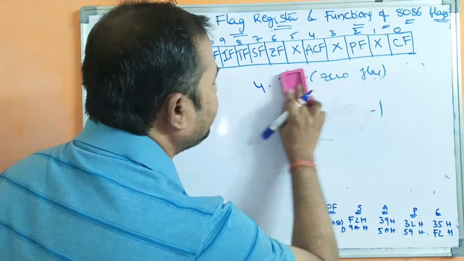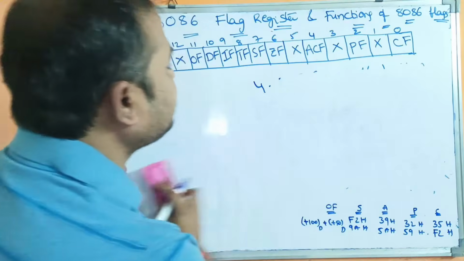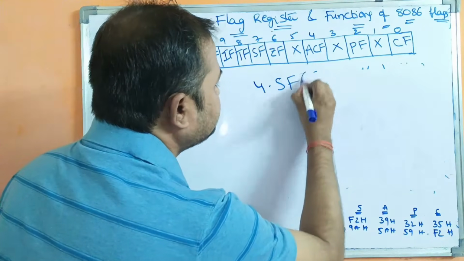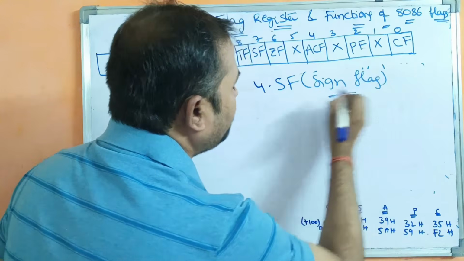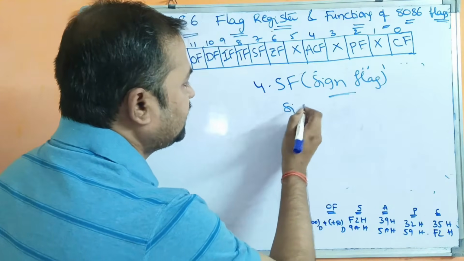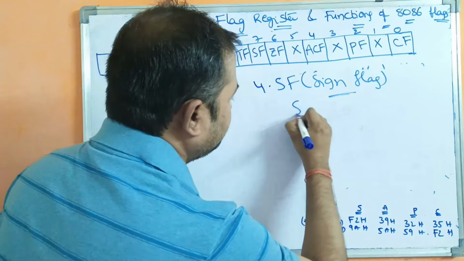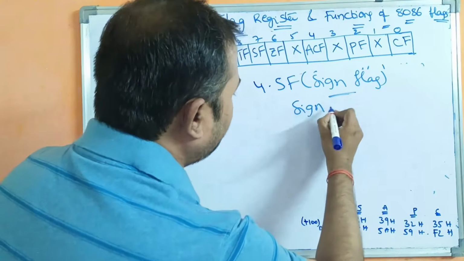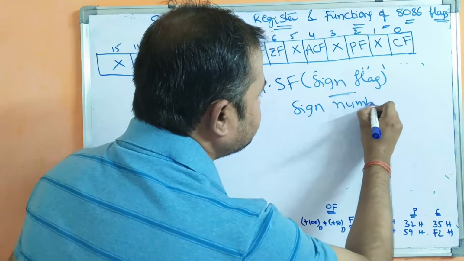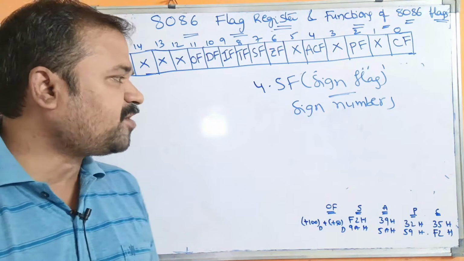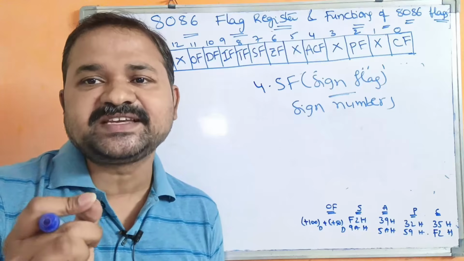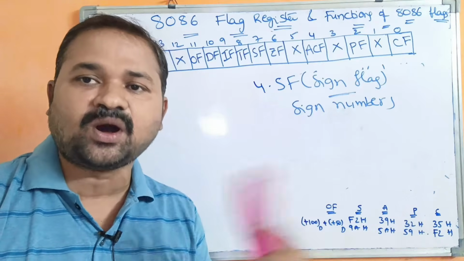Now let us see the next flag. Sign flag. S stands for sign flag. The sign flag is mainly useful in performing operations on arithmetic signed numbers. So if we want to perform arithmetic operations on signed numbers, mainly the sign flag will be used. After performing the operation, the most significant bit value may be either 0 or 1.